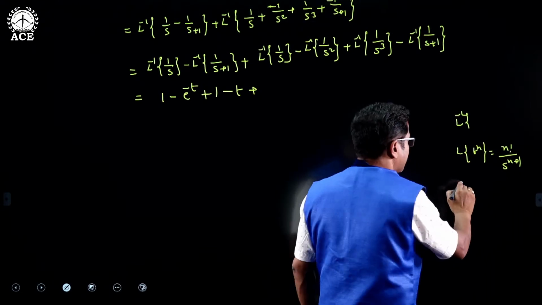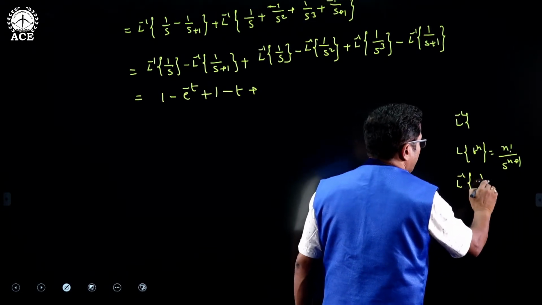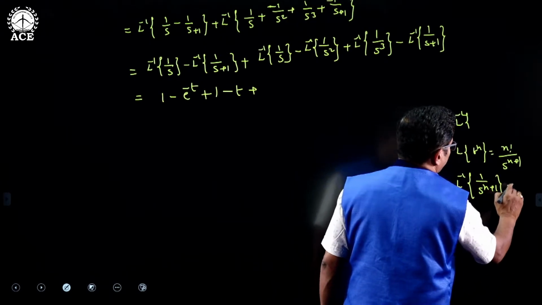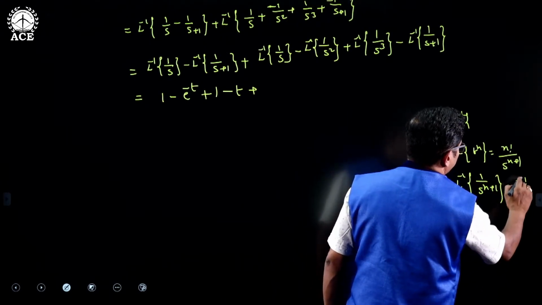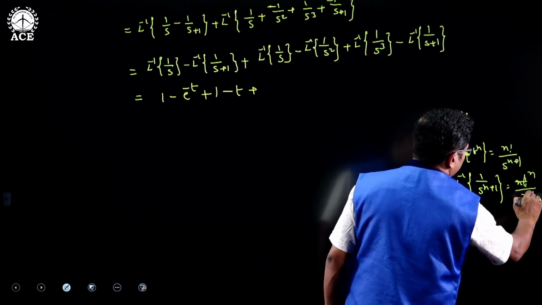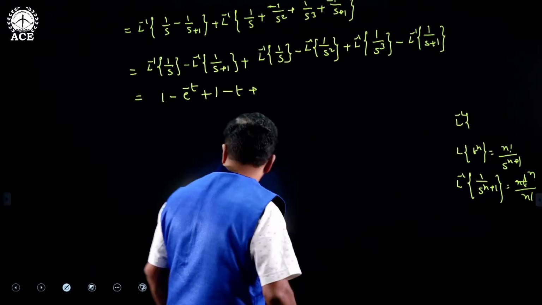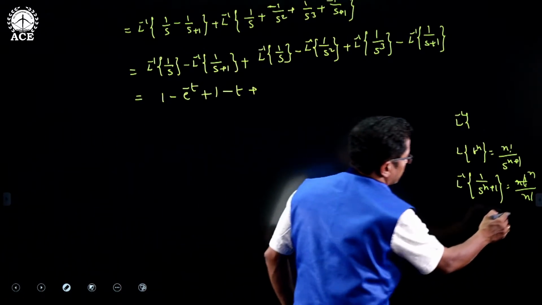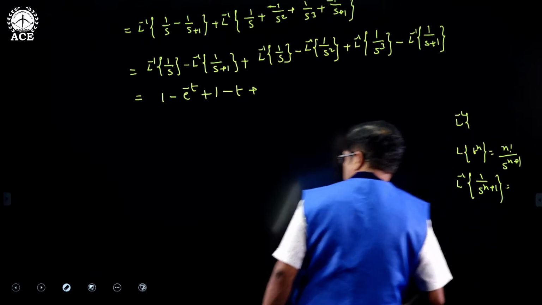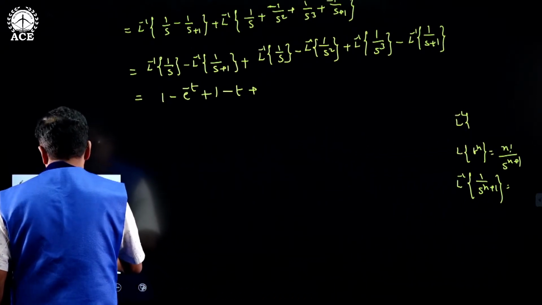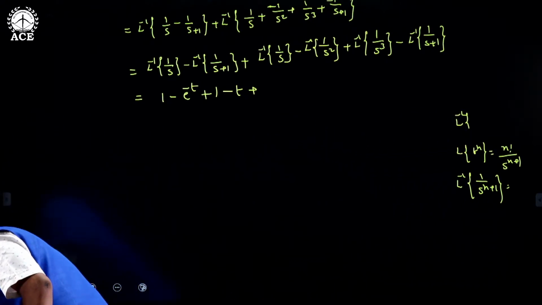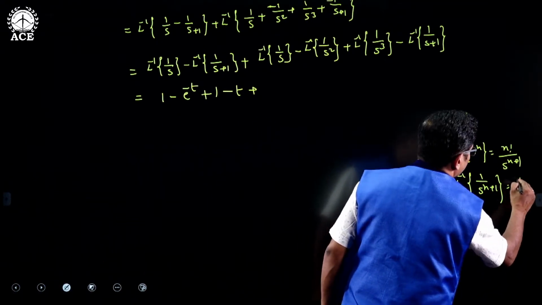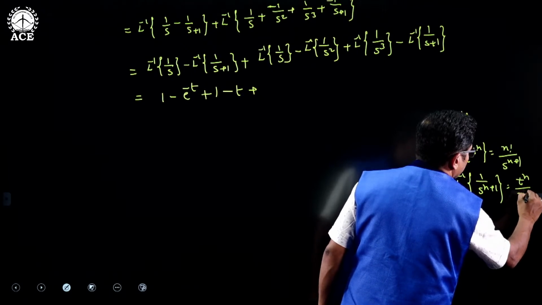So when I take that side, L inverse of 1 by s power n plus 1 equals t power n by n factorial.